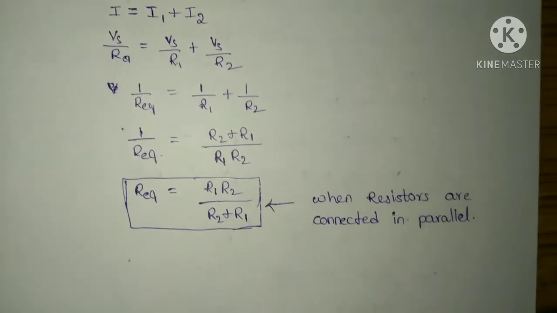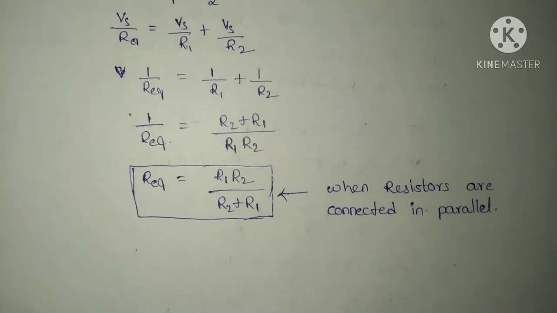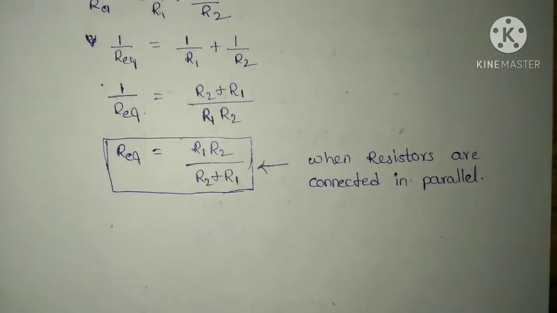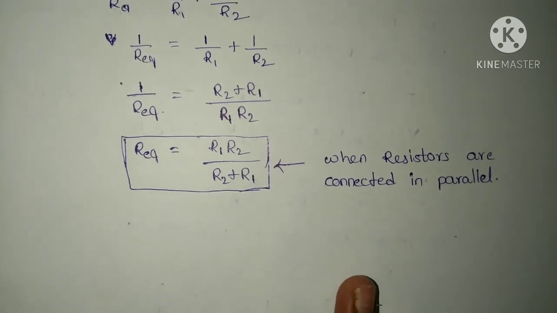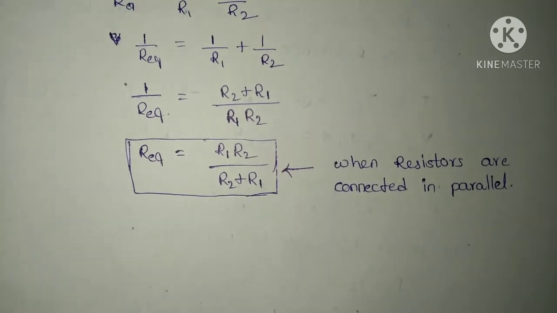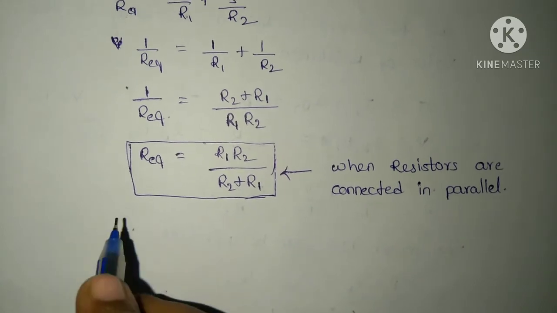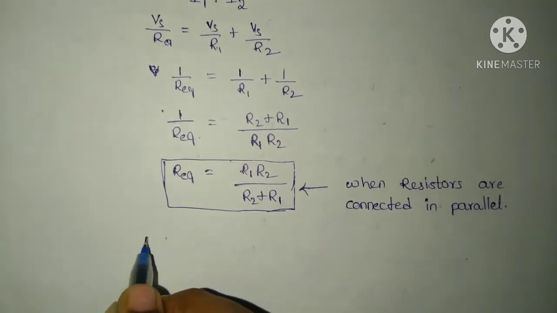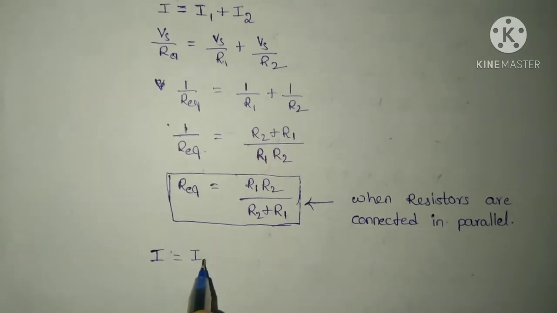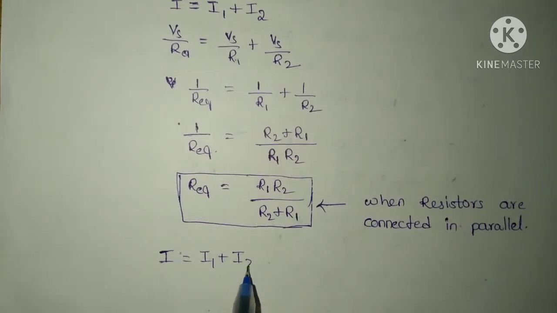Now we can see what the branch current is flowing through the individual resistors. By the formula, we know that I is equal to I1 plus I2.